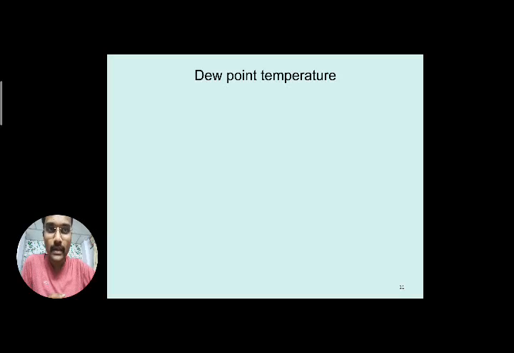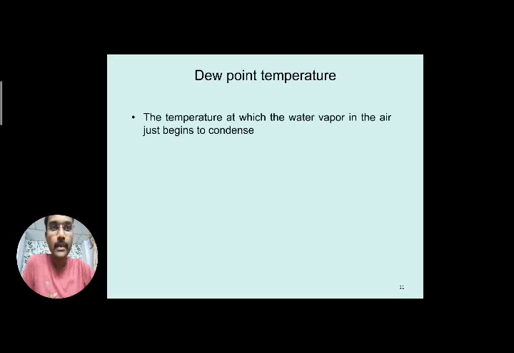Next, a very interesting term, that is dew point temperature. You know that dew is ready to get condensed at that particular temperature. The dew point temperature is the temperature at which the water vapor in the air just begins to condense.